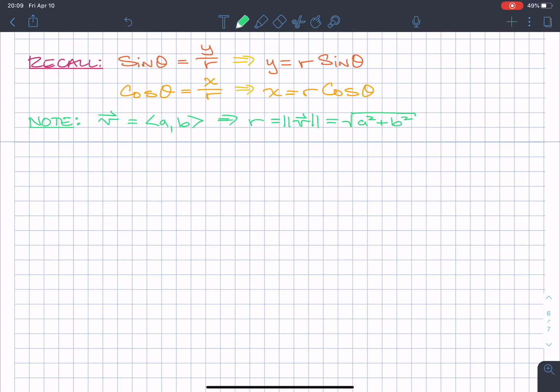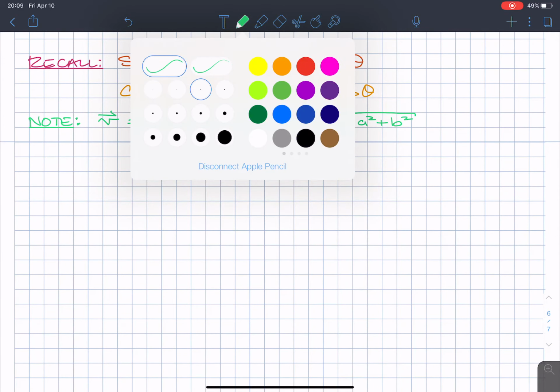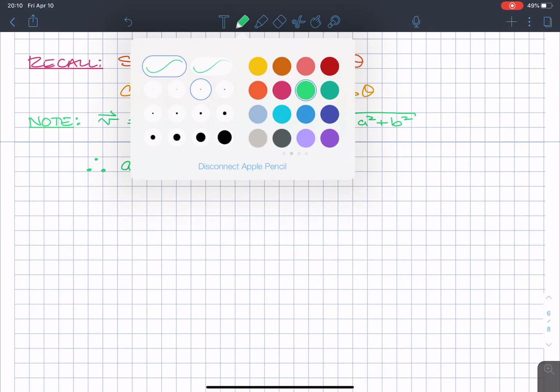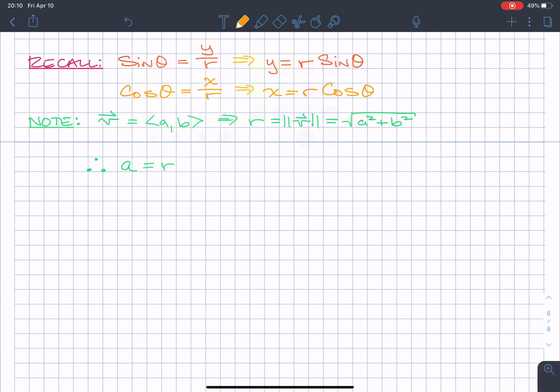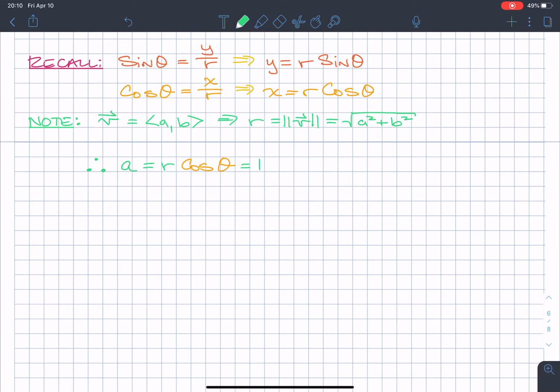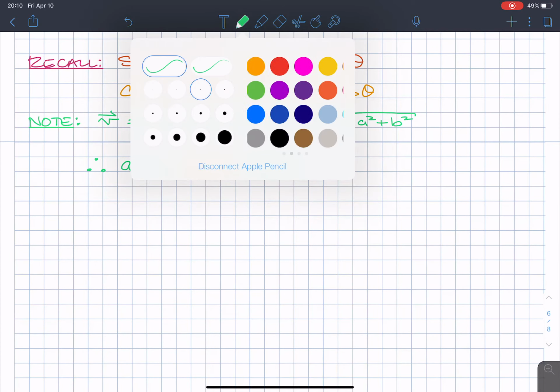So therefore, a, which is going to be radius r times cosine of angle theta, is going to be the magnitude of v times cosine of theta.